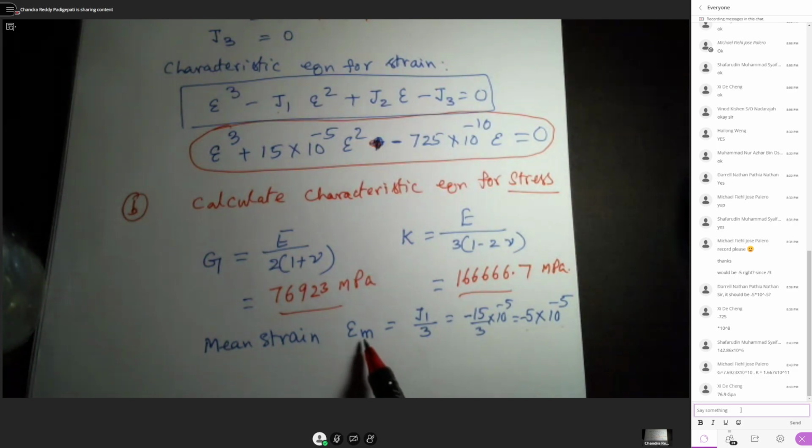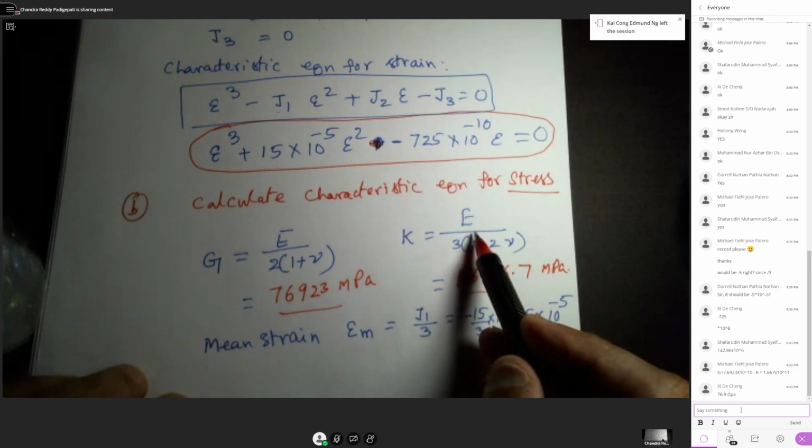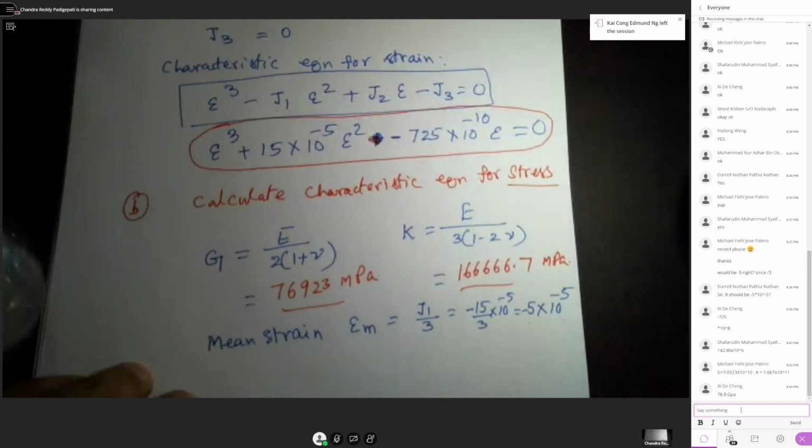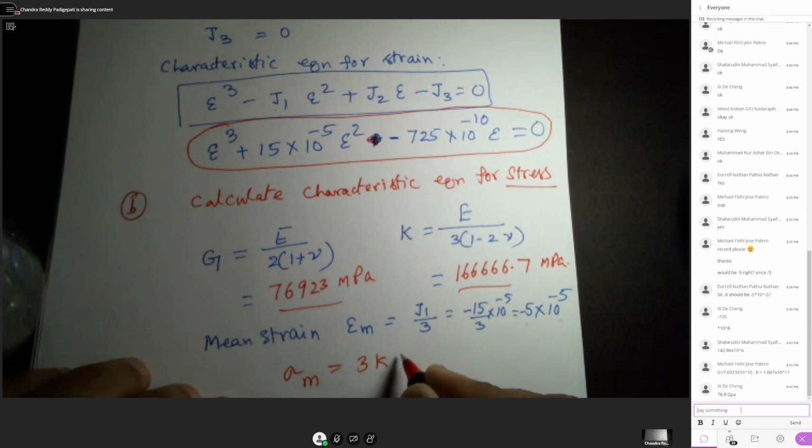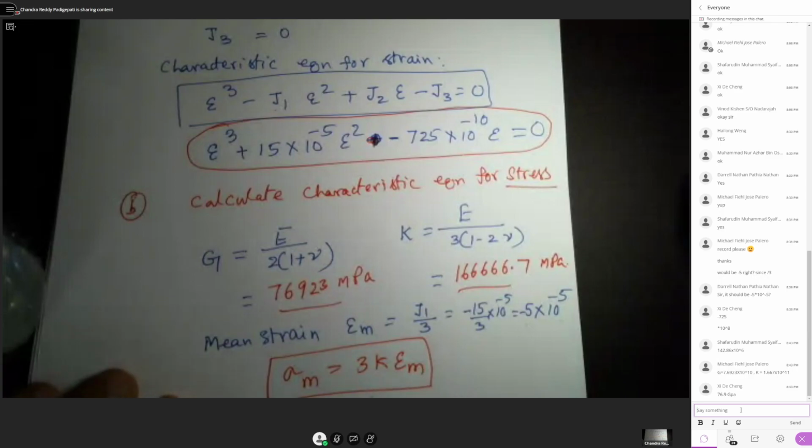Once we know the mean strain and the bulk modulus, then you can calculate the mean stress. So the mean stress will be 3 times K times epsilon M. So this is the relationship between the mean stress, mean strain, and the bulk modulus K. So therefore, you will be able to calculate the mean stress.